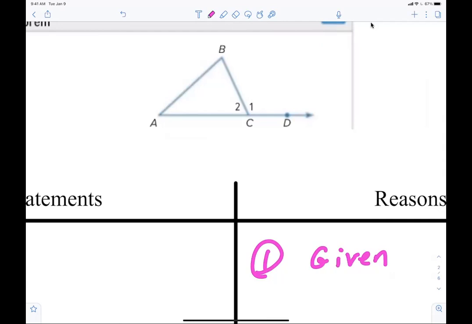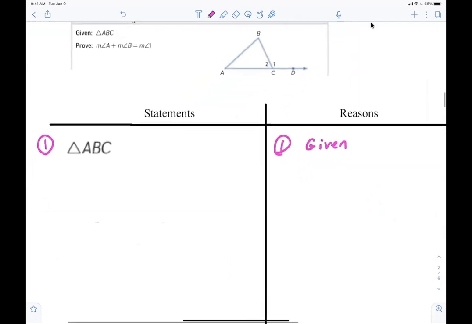But instead of saying angle A and B are supplementary to angle 2, we're going to say what's true about angle A, B, and 2. They equal 180. Why do they equal 180? The sum of the interior angles of a triangle add up to 180 degrees. So that's where we're going to start.